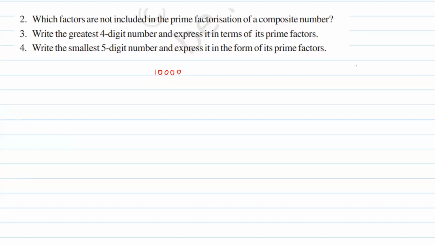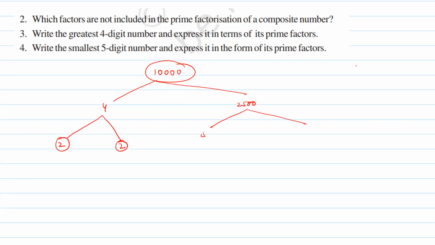10,000 we can write in a factor tree by the factors of 10,000. You can write 4 and 2,500. Then 4 you can write as 2 and 2. So these are two prime factors that we got. Then for 2500, we can write 100 and 25. Then 25 is 5 and 5, again two prime factors we got.